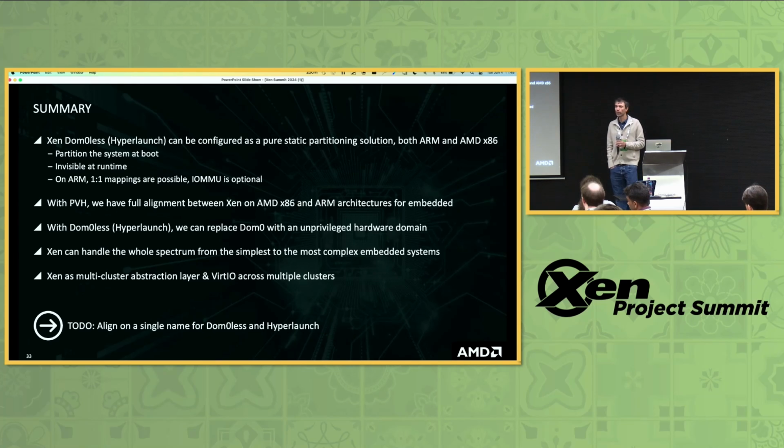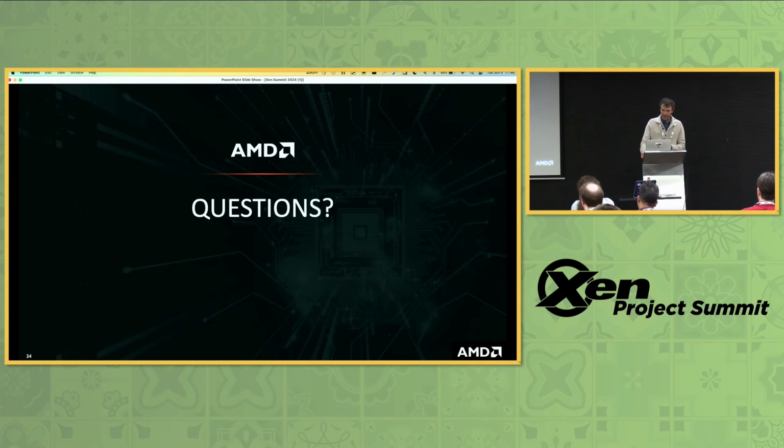We have ways to run Virtio. We'll soon have ways to run Virtio on a single cluster or also multi-cluster. And we can handle the whole spectrum from the simplest to more complex embedded configurations. And definitely we need to find a common name for Dom0less and Hyperlaunch across the 2 architectures, because I cannot keep saying Dom0less or Hyperlaunch every single time. And that is the end.